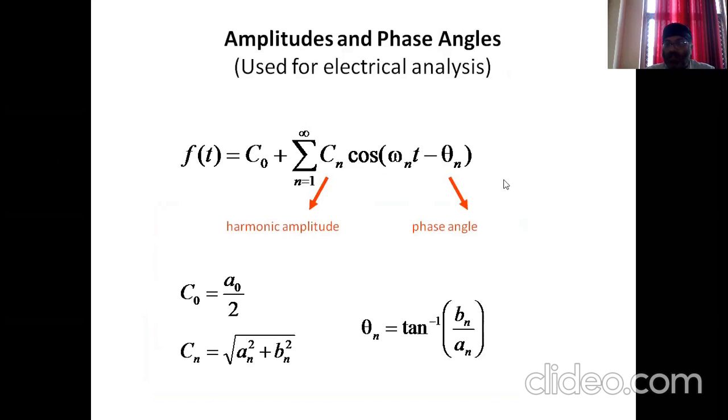A distorted sinusoidal waveform has been represented by this value. So for every n value, we have a different Cn and a different theta n. Omega n will be different, of course, but a different theta n and a different Cn. So it is easy to calculate using these values.